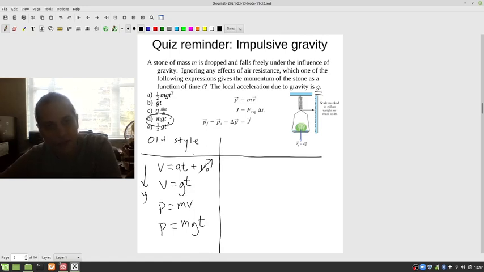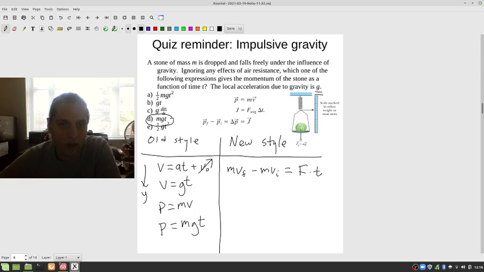Now, in physics, there are often many ways to get your answer. There are many paths that lead to enlightenment. So here's our new style. In our new style, we're going to calculate the impulse and say that it equals the change in momentum. So mv final minus mv initial is the force that I'm applying times the time.